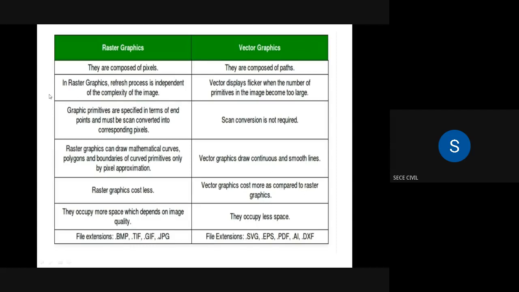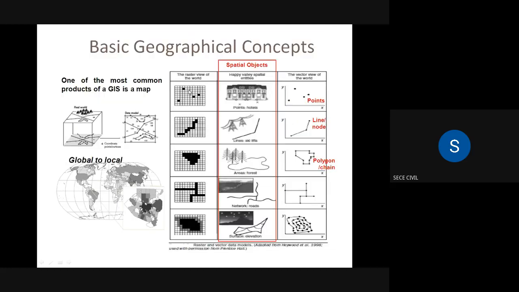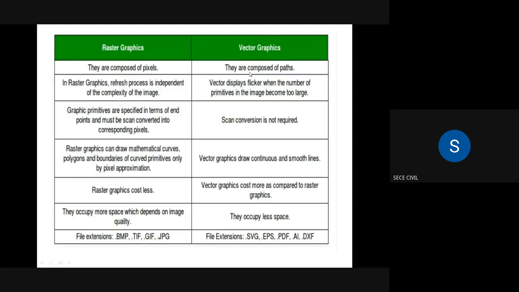We have to know what is raster, what is vector, and the difference between raster and vector. As I already mentioned, raster images are composed of pixels. The previous figure will be like a pixel, but vector is composed of paths. In raster graphics, the refresh process is independent of the complexity of the image.